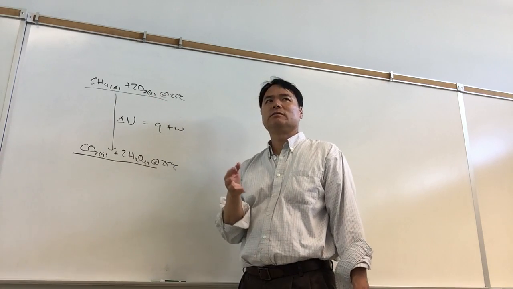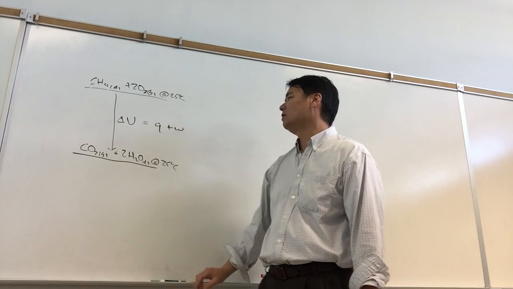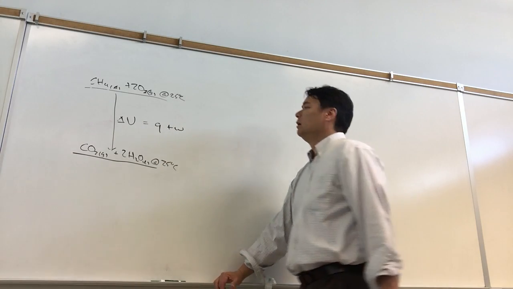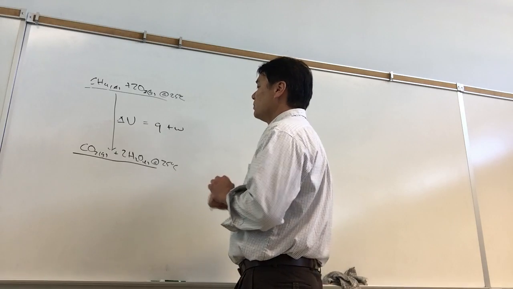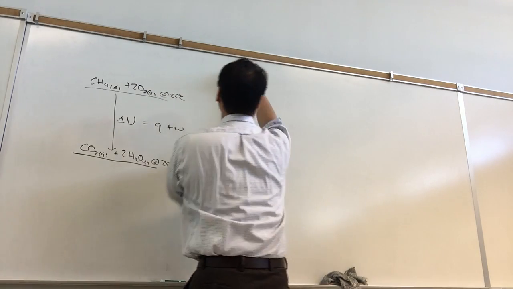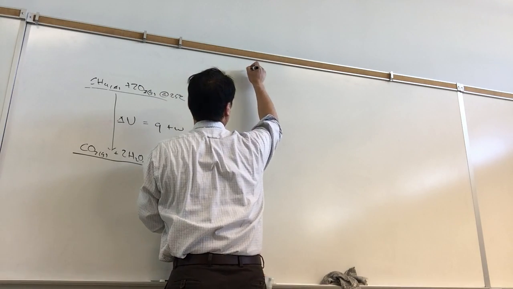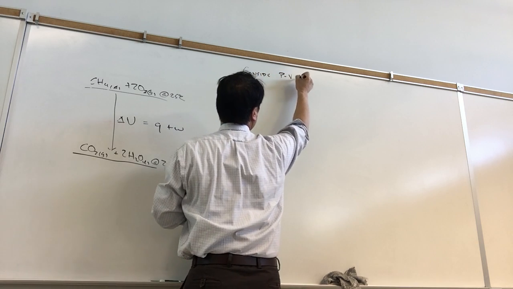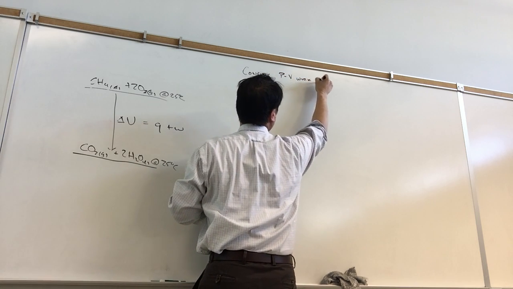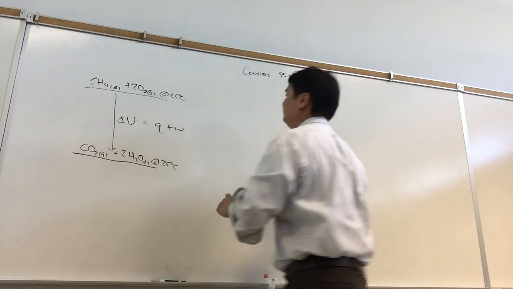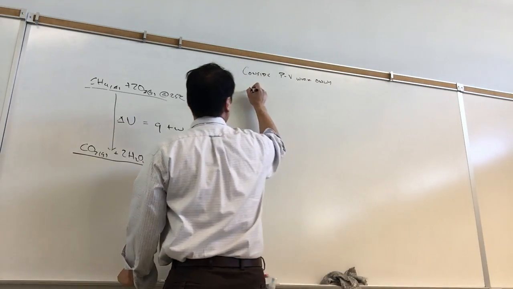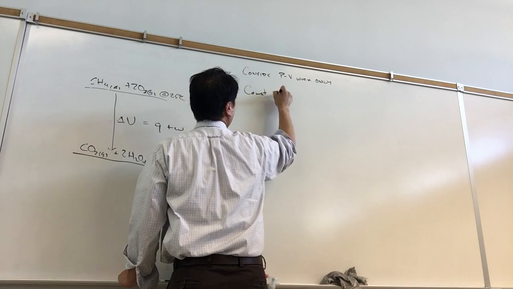It's obvious if you do this in a CNG vehicle, but even just burning it in the lab, and that's what we're going to focus on because we're only going to look at one work. And so from now on, we'll just consider PV work only. Then there are two scenarios here. One is constant volume.